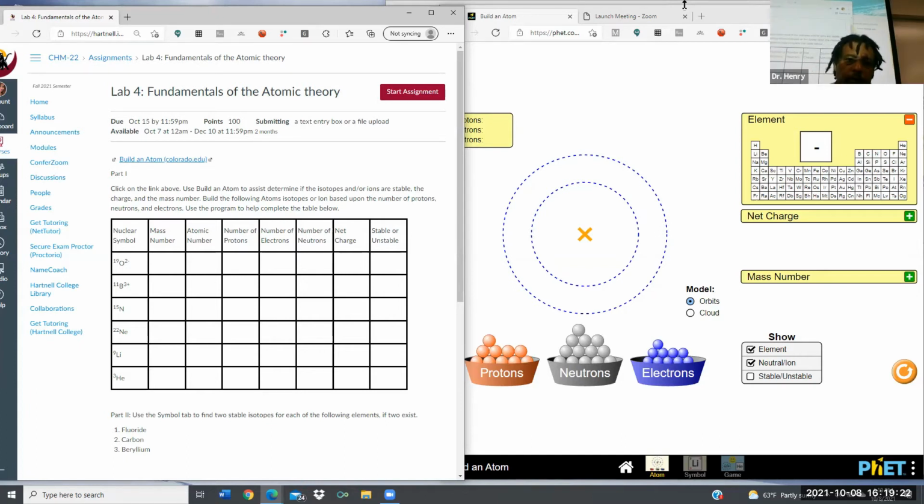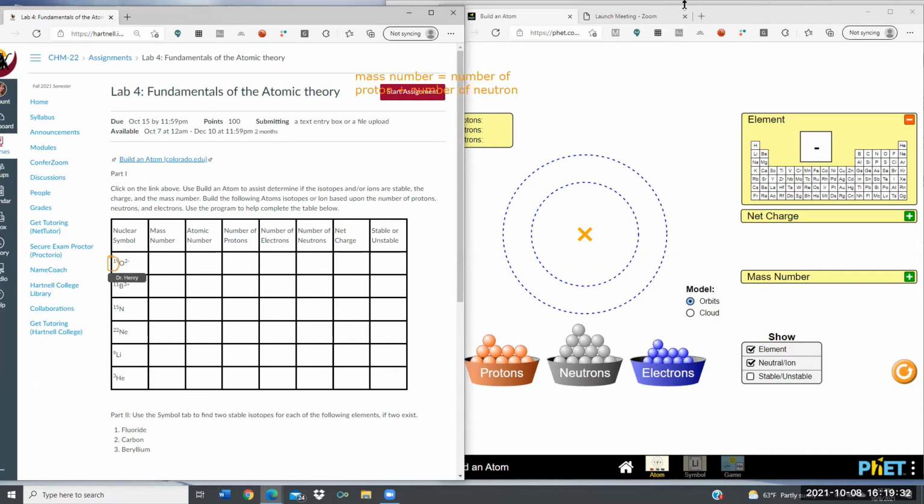Okay. So the mass number, you got to write on your board here. The mass number is that number up top right there. Okay, so what would be the mass number for this element?